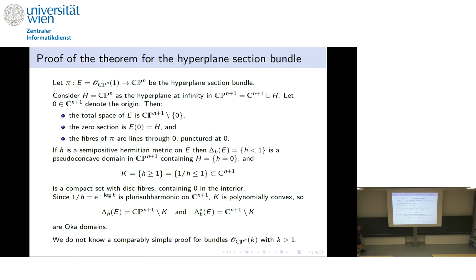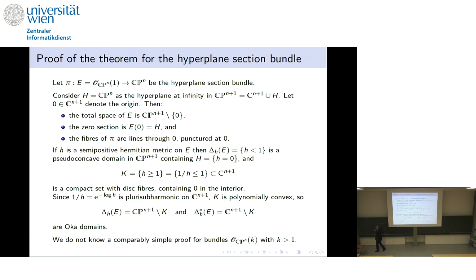Okay, so imagine that in this picture now, my base is this one. This is CP^n. And I'll think of it as a hyperplane at infinity. And this inside here is 0. This is now Euclidean space of dimension n minus 1.